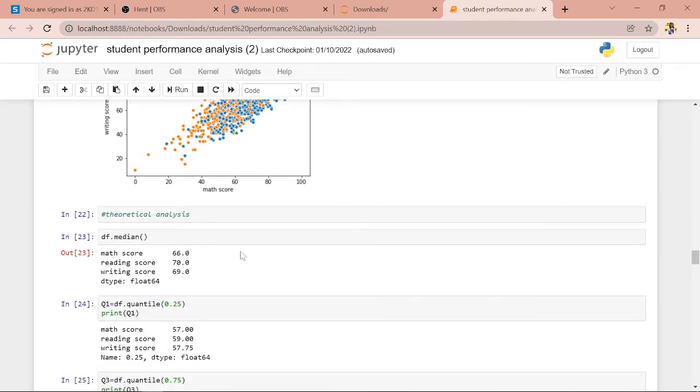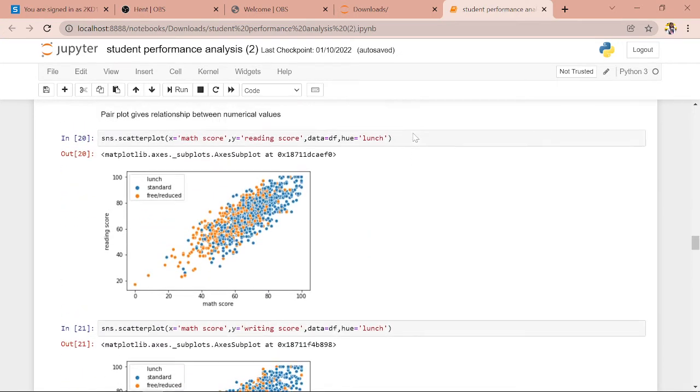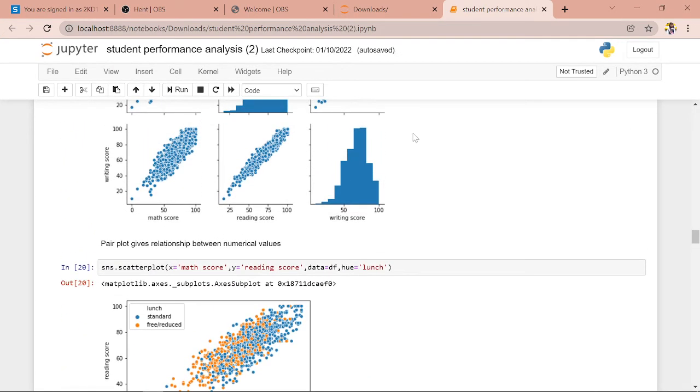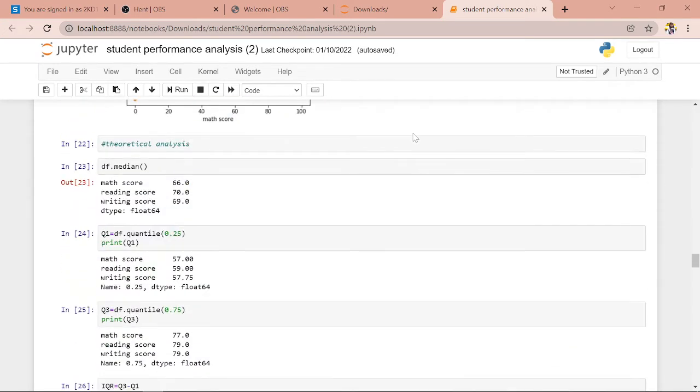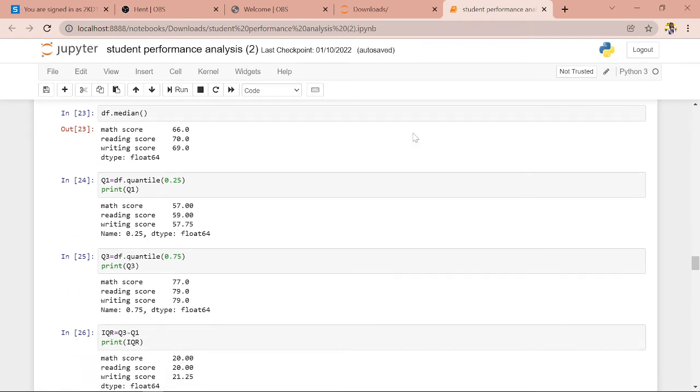And theoretical analysis. These are the graphical analyses which we can analyze easily, and these are some theoretical analyses. df.median for math score, reading score, writing score: math score 66.0, reading score is 70.0, like that.